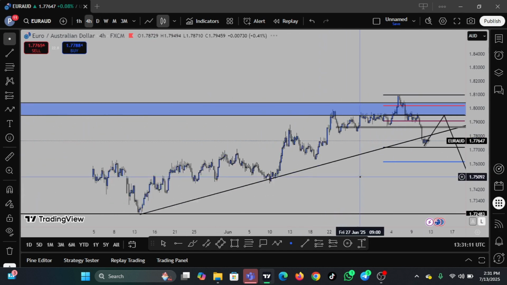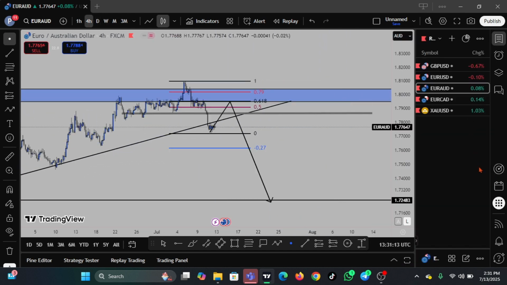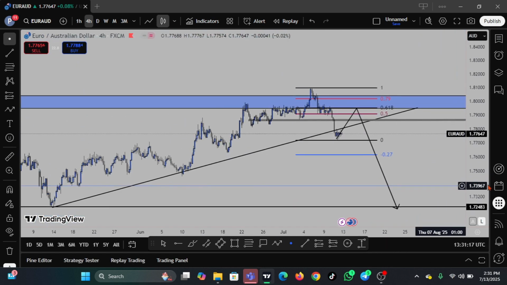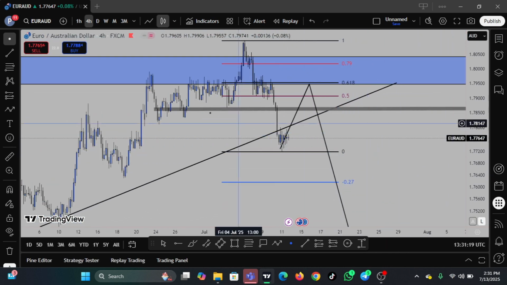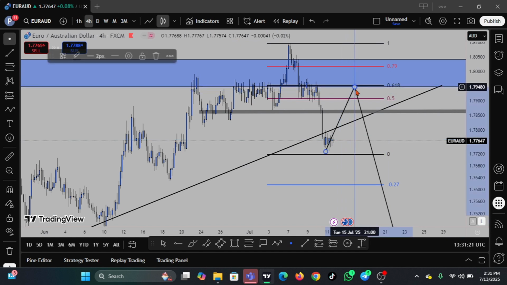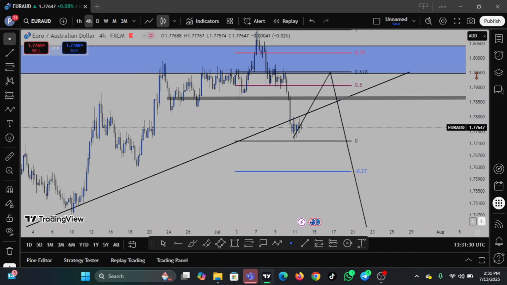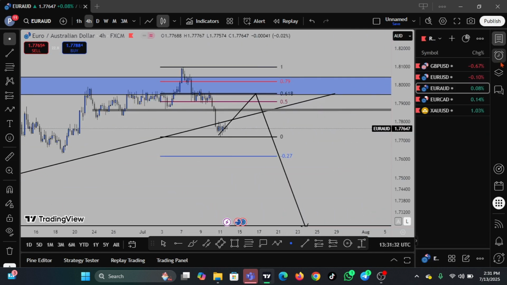So this is what I'm seeing on Euro AUD. We can come and test this level and then drop, or price can push further up before we see that drop. So that is that on Euro AUD.